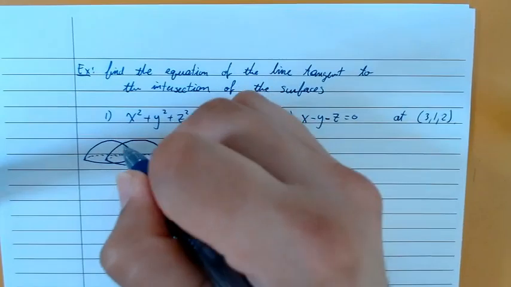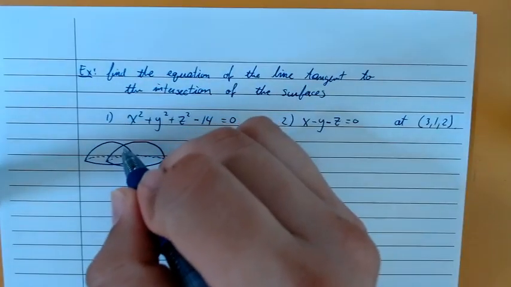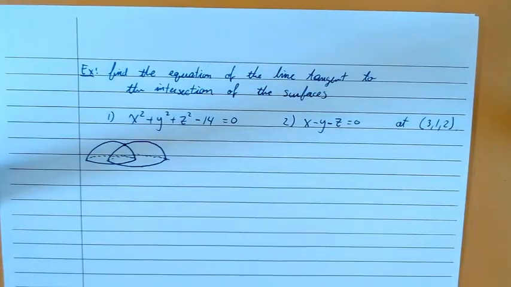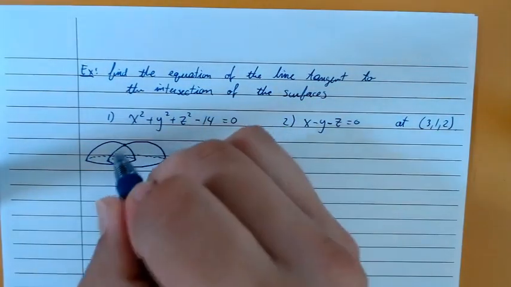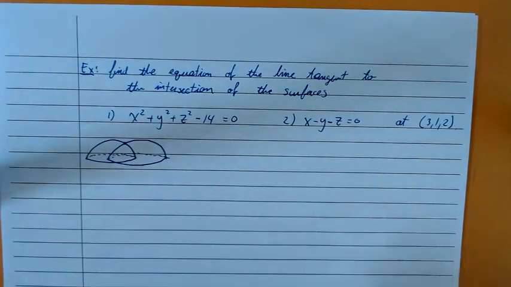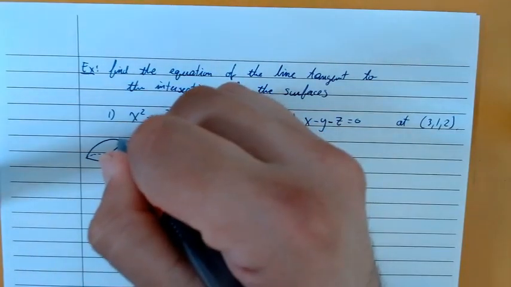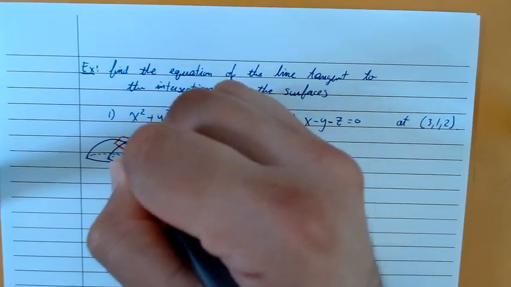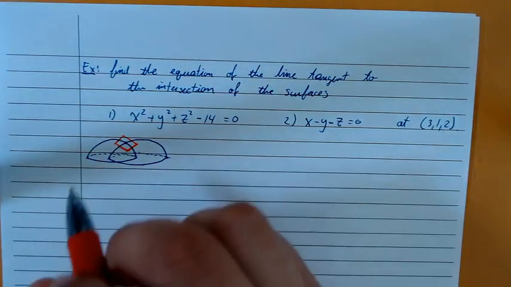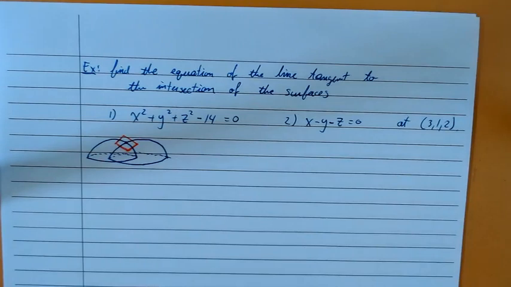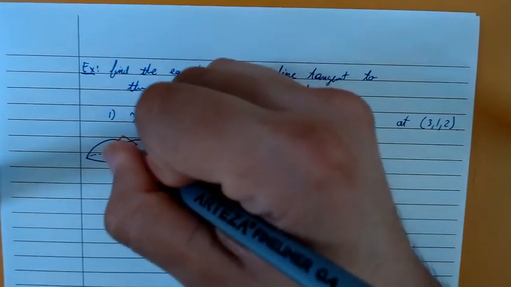Okay, so let's say that we want to find the line that's tangent to the intersection at this particular point. Well, if I find the plane that's tangent to the surface on the left, that'll be this one. And that'll include every line that's tangent to the surface at that point, in every direction. Oh, but if I find the plane that's tangent to the surface on the right, well, that'll be a different plane.